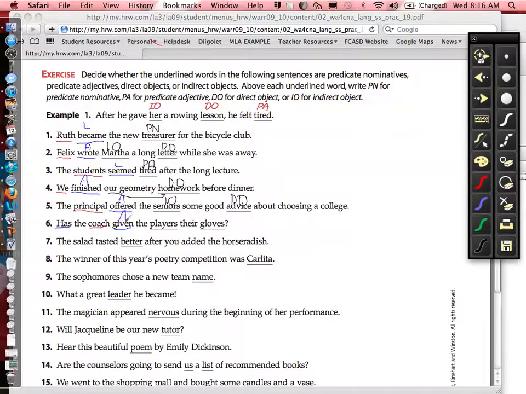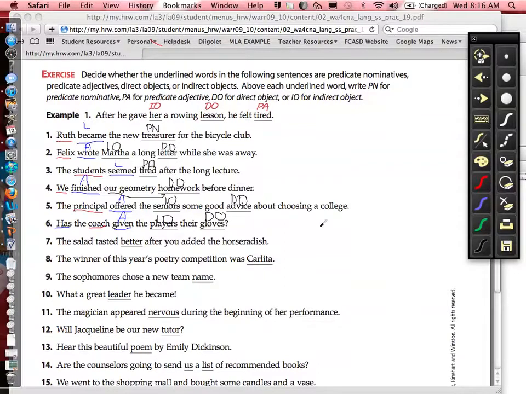That's an action verb. Coach has given what? Coach has given gloves. Gloves is the direct object. Given the gloves to whom? Players is the indirect object.